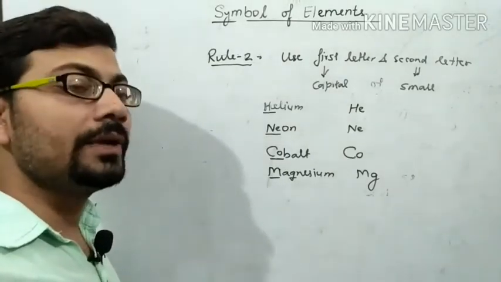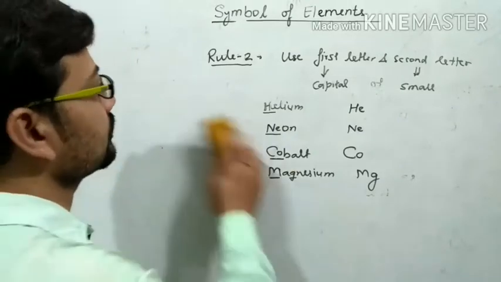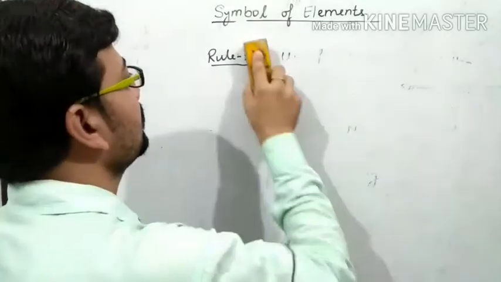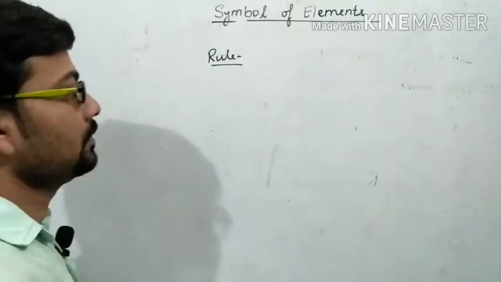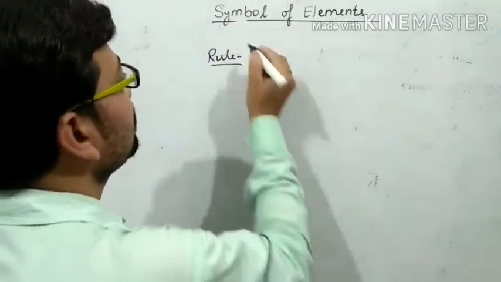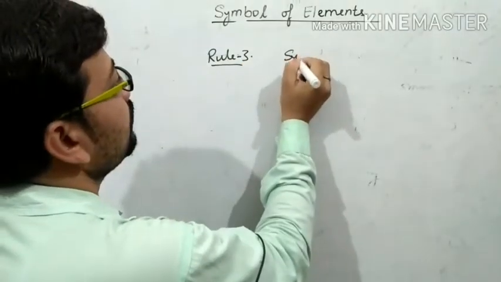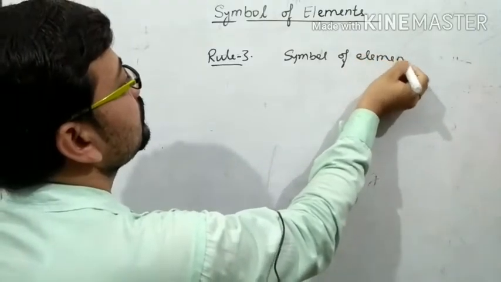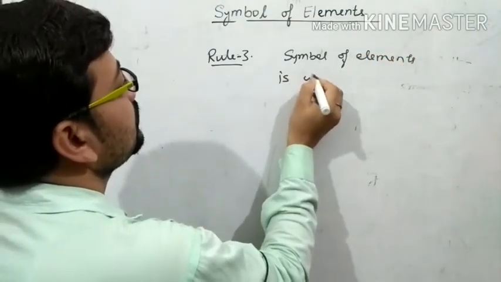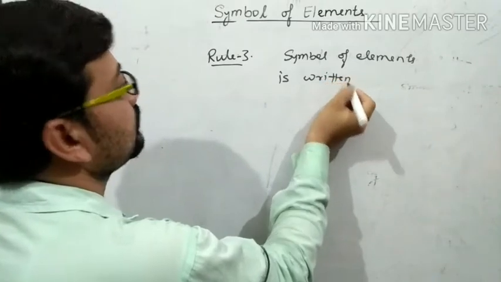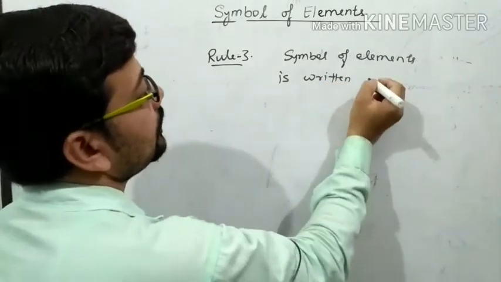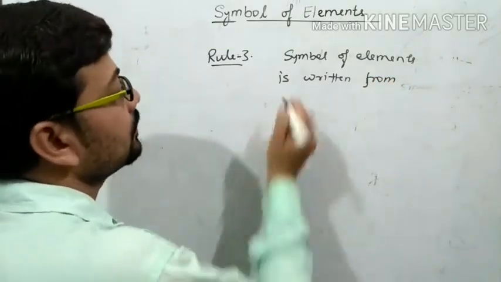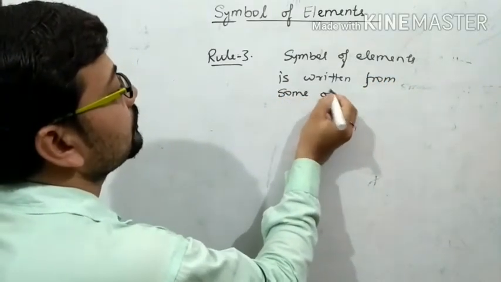Now the third and very important rule. The symbol of an element is written from some other language.